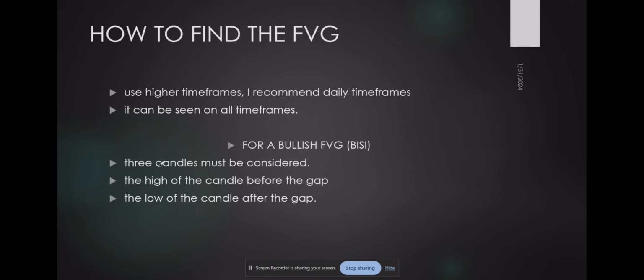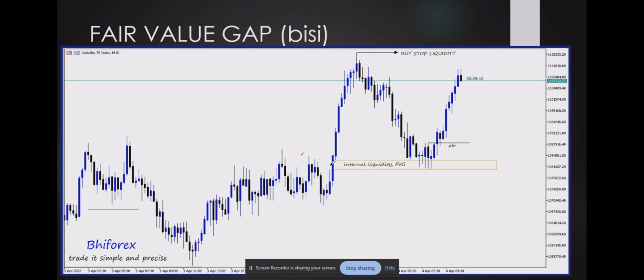I said we consider three candles, right? The first candle we consider is the one to the left, the one to the right, and the one in the middle. If you look at this area here, look at this candle here. That is the one I considered as the candle that created the first fair value gap.